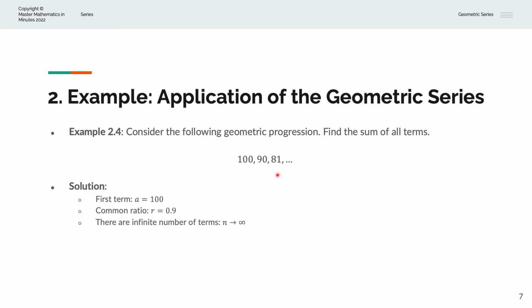And with n converging to infinity, because we're summing across an infinite number of terms, we have S infinity equal to a over 1 minus r, and a is 100 from above, and 1 minus r is 0.9 from above. And simplifying that, we have 1000. So given an infinite number of terms in this geometric progression, we're able to calculate the sum across all of these terms, and that is equal to 1000.